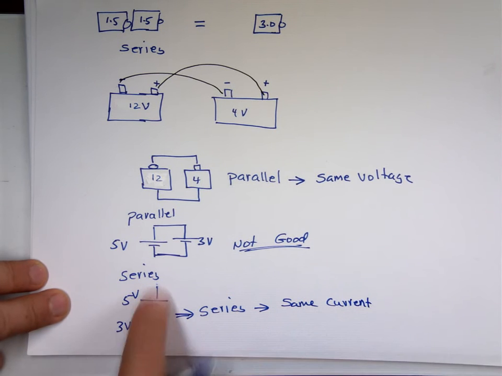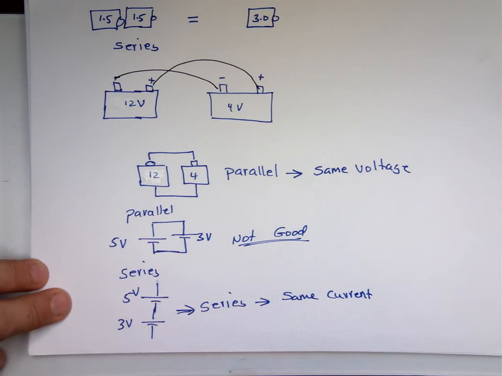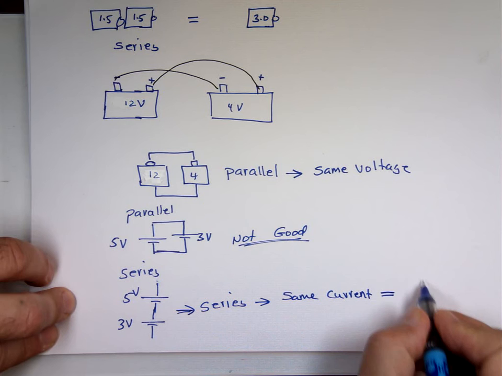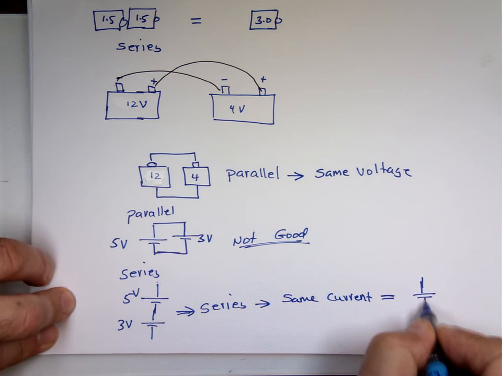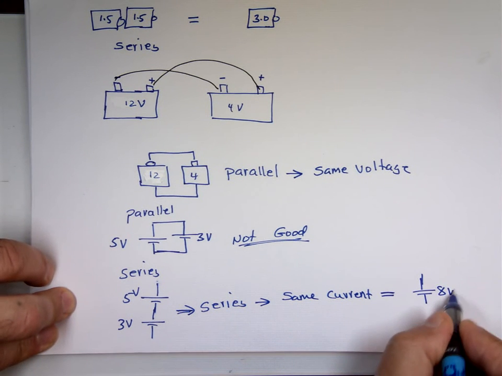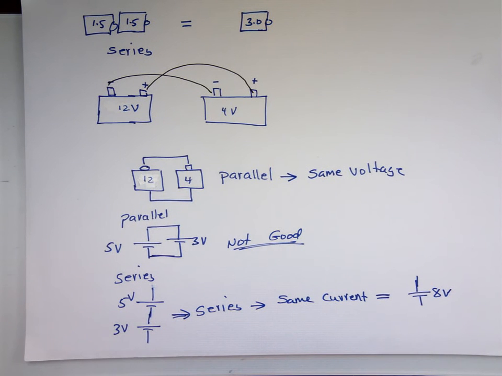That's okay. And the net result of that is equivalent to having a source in this case of what? 8 volts. 5 plus 3. So that's the voltage source or voltages.